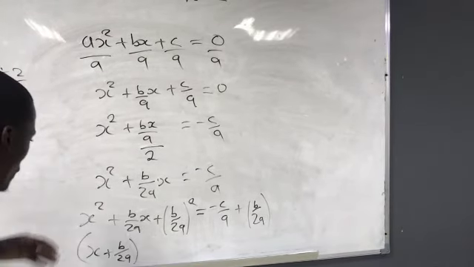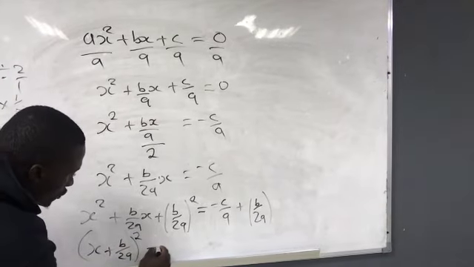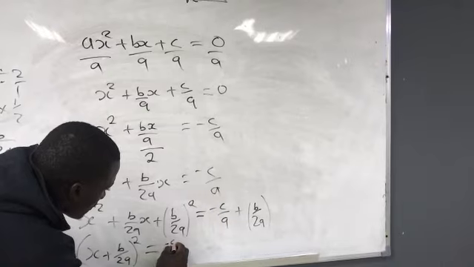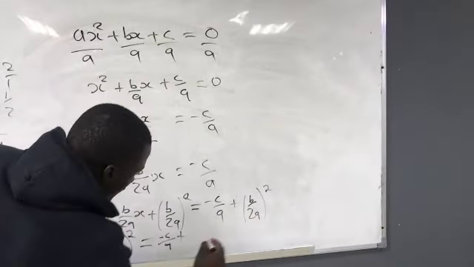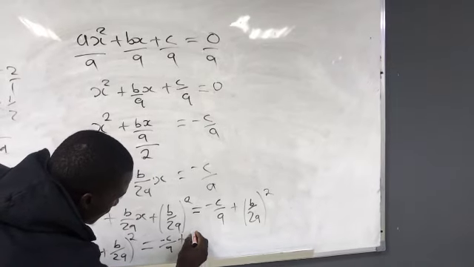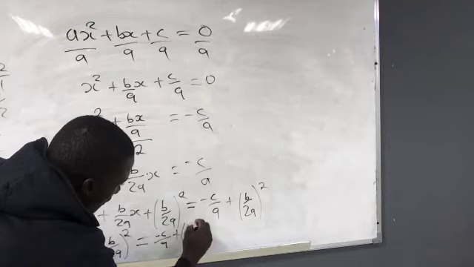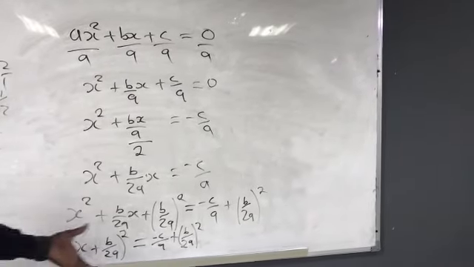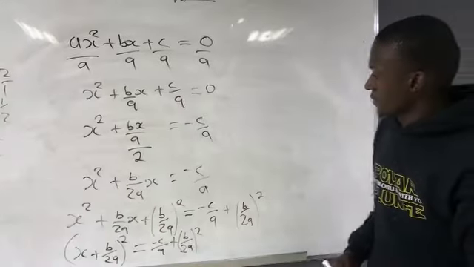You write open and close bracket and raise it to 2, which is going to give us is equal to negative c over a plus b over 2a. There was a square there, I forgot to write it, b over 2a to power 2. So now, let me move to the other side. We're going to get that equation.